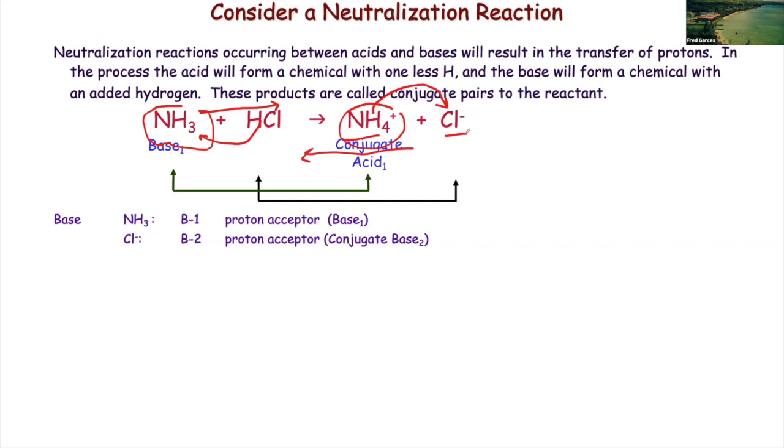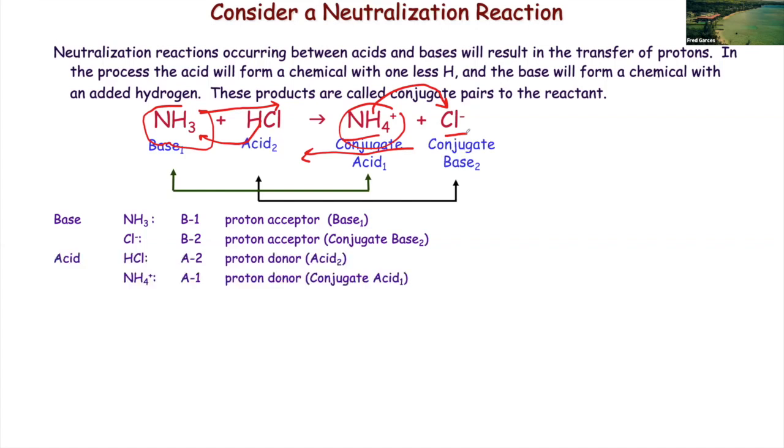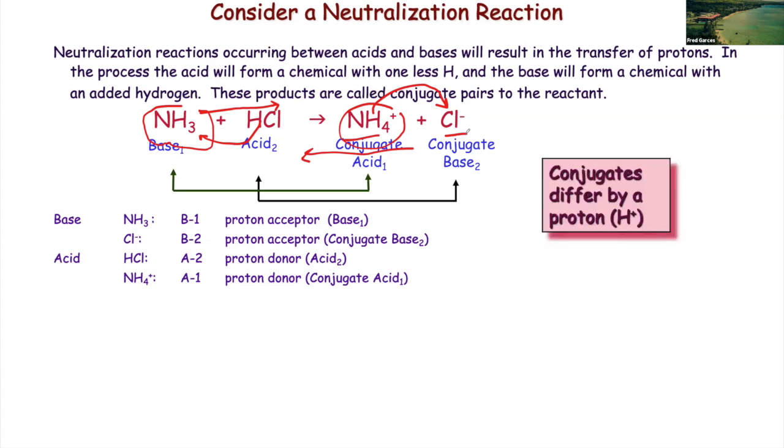So NH3, that's a base one, and NH4, that's the conjugate acid. HCl is the acid 2, and Cl minus is the conjugate base. Again, conjugates always differ by a hydrogen.